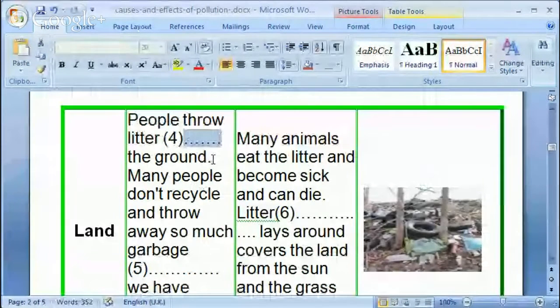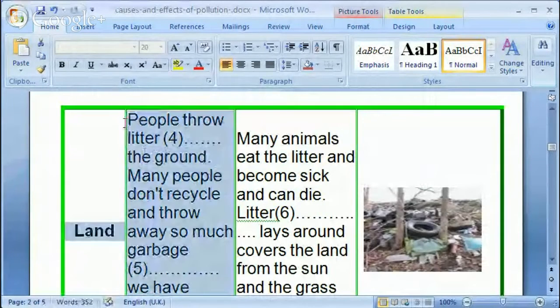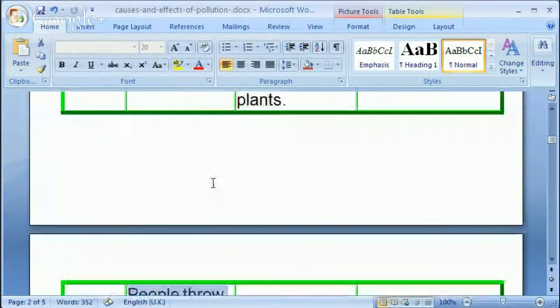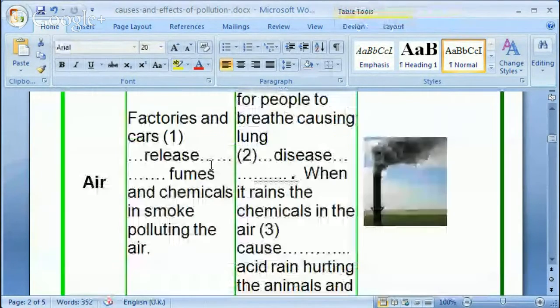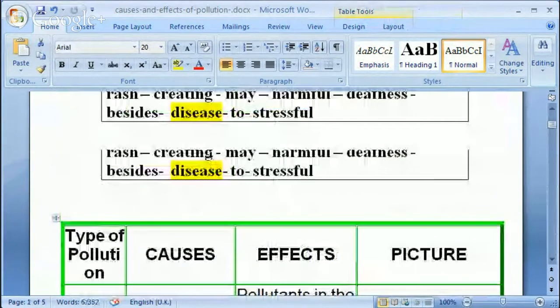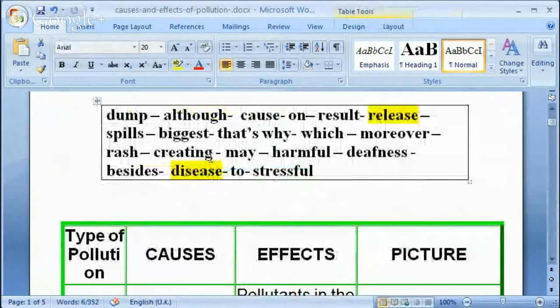There is the end of the sentence. So where do people throw? They throw litter what? The ground. It's pretty obvious that you're talking about where, the ground. So pretty obvious that we need to create a prepositional phrase.